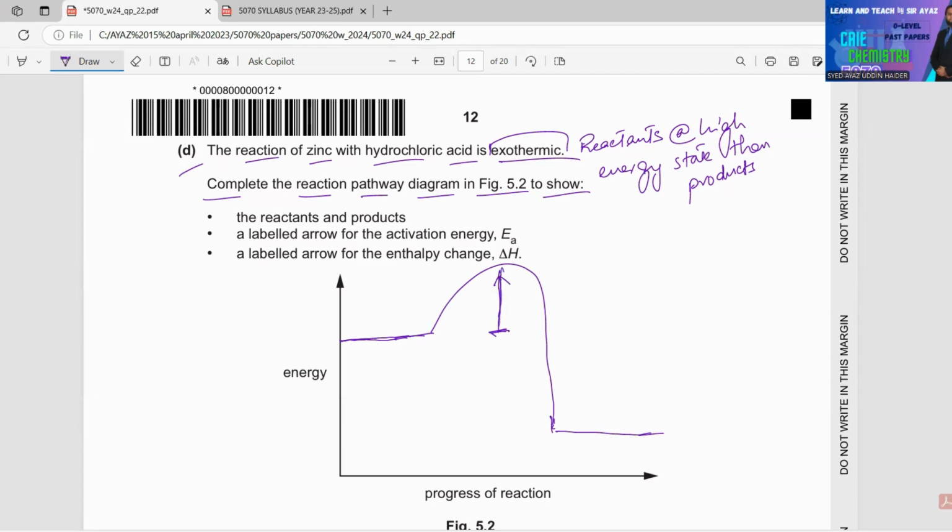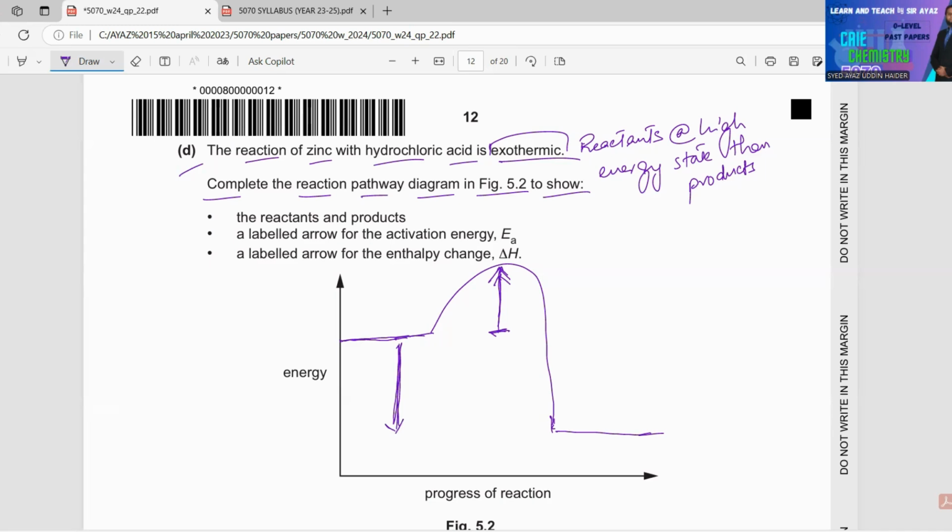Remember, for activation energy, the arrow must be going up. And as the energy is released, exothermic means energy is released to the surroundings, and product is at the low energy state. So the energy difference between the reactant and product must be shown in this way. Change in energy between reactant and product.